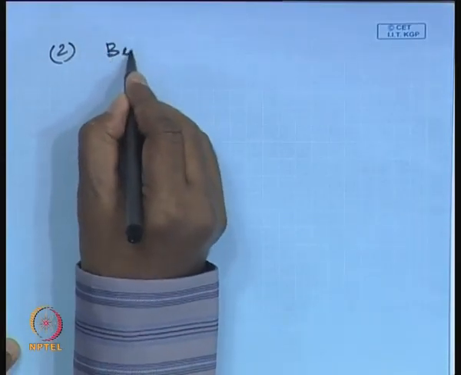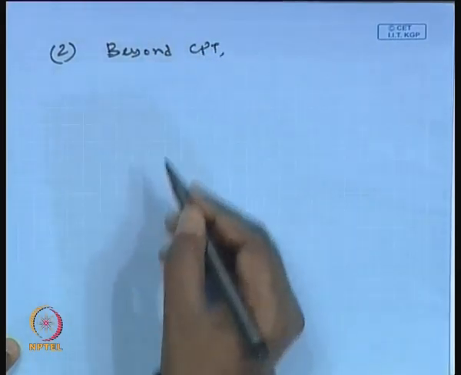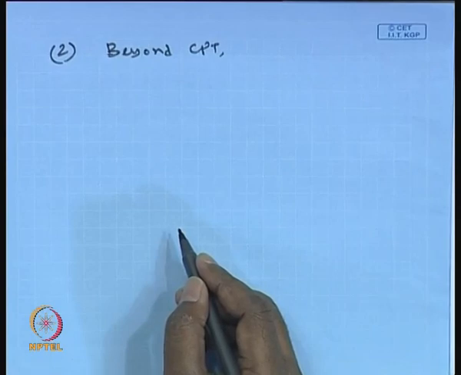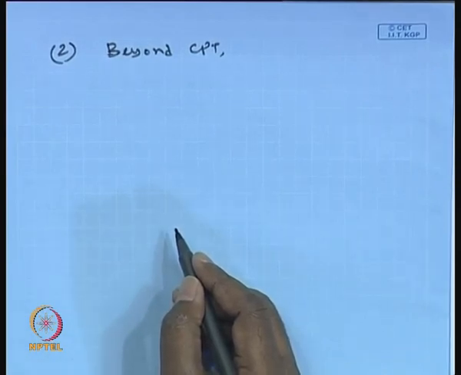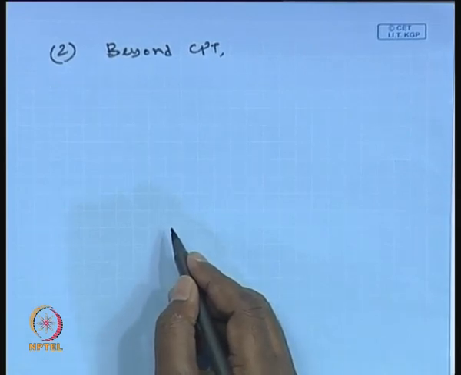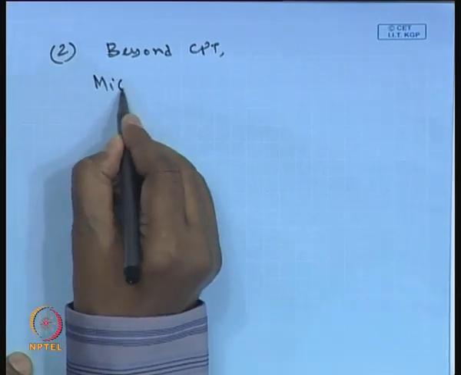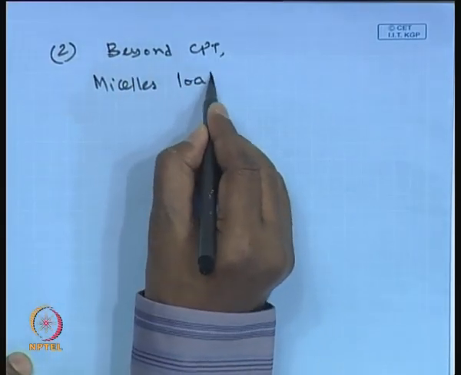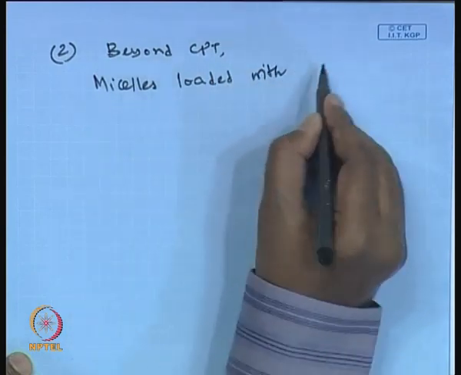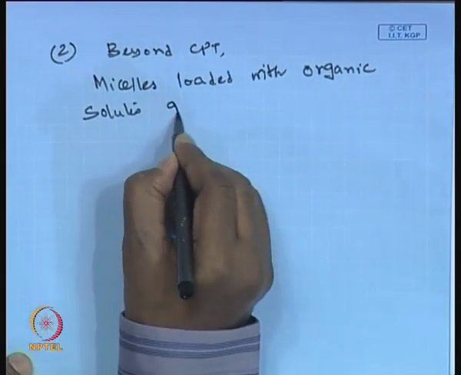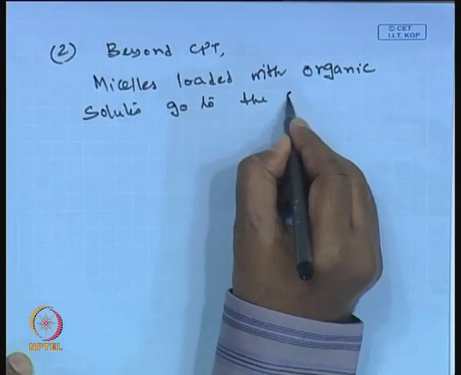Now, next step, what you have to do? You increase the temperature of the solution. Now, if you go beyond the cloud point temperature, these micelles, which are loaded with the organic solutes, will be separated into the coacervate phase. Phase separation occurs, and these micelles loaded with the organic pollutants will go into the coacervate phase.